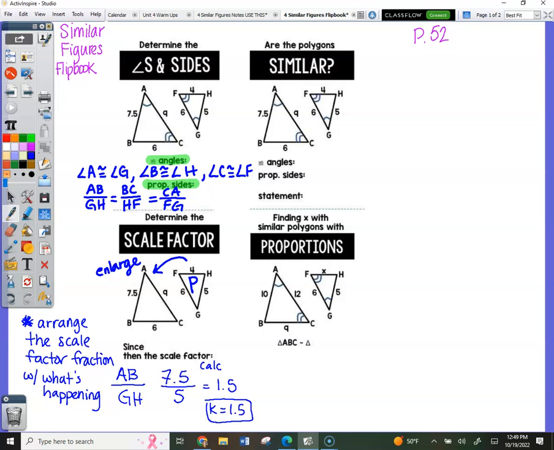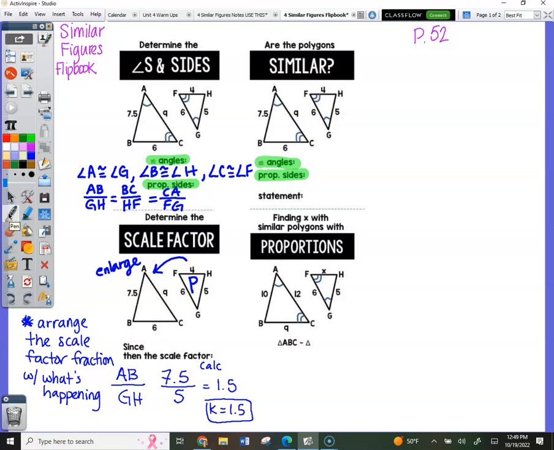Here, I'm giving you 2 triangles and you're determining yes or no if they are similar. There's more to check here. You have to check and see if all of the angles are congruent, and you have to check and see if all of the sides are proportional. So, you might want to make a note that there's 2 things to check here.